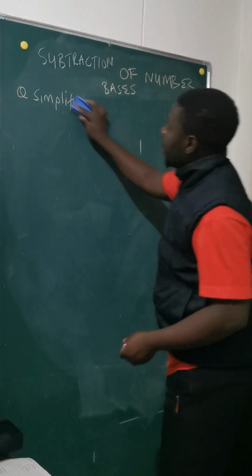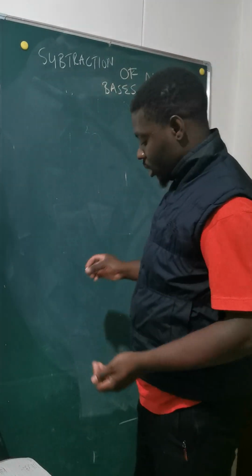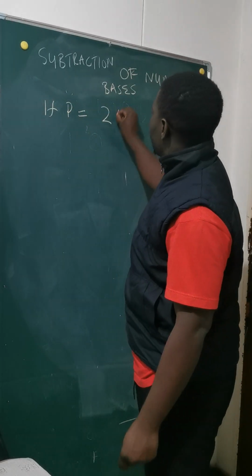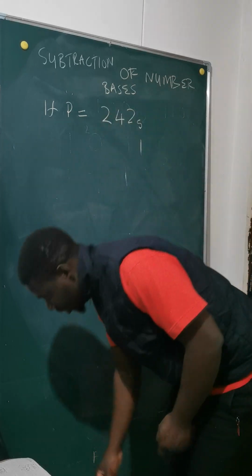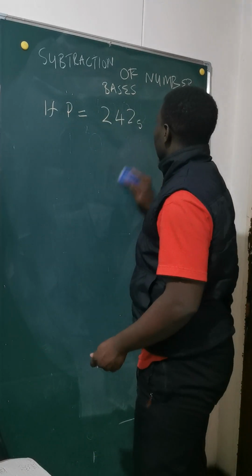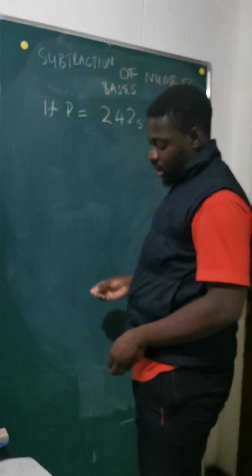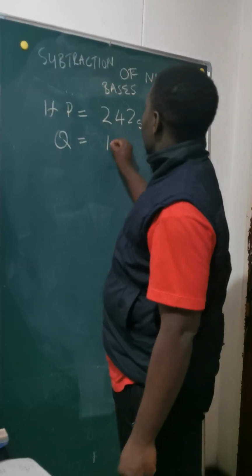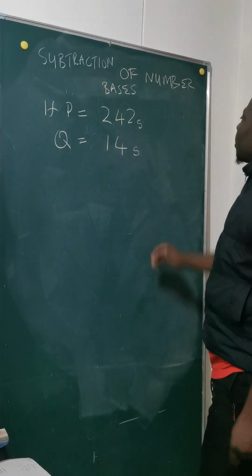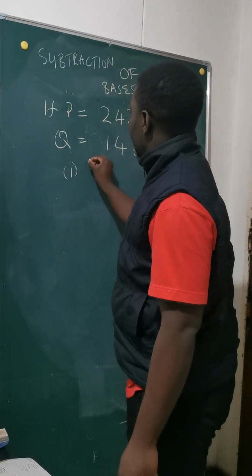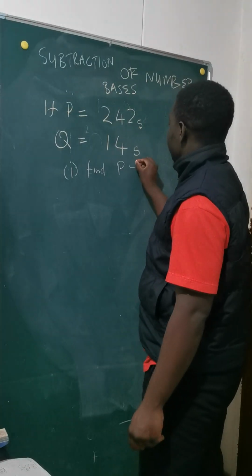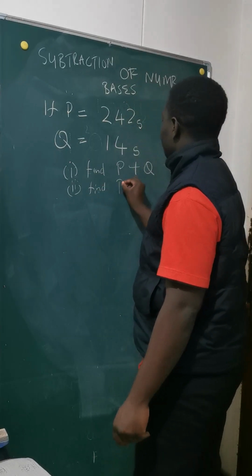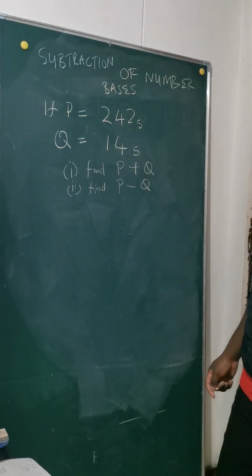So sometimes a question may come. For example, it says, if P is equal to 2, 4, 2 in base 5, and Q is equal to 1, 4 in base 5, part 1, find P plus Q. Then part 2, find P minus Q. Right.